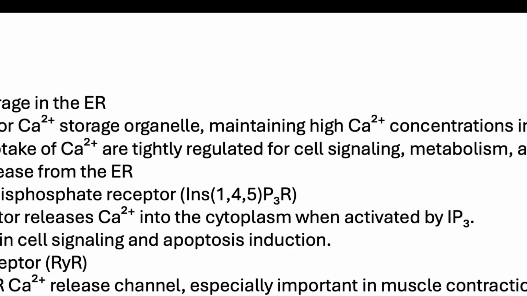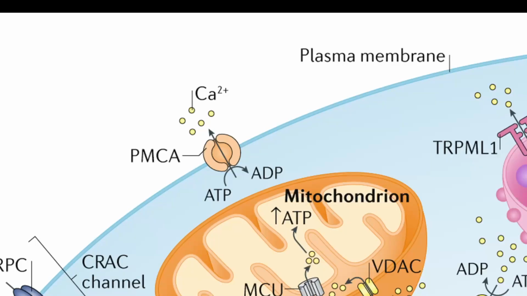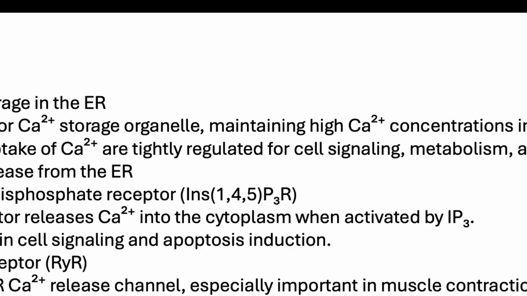So they use energy and pump the cytoplasmic calcium back into the ER, maintains calcium homeostasis and prepares the ER for future signaling. So this is the SERCA, this is the inositol IP3 receptor, this is the RYR receptor present in the muscles and neurons, IP3 receptor for signaling related calcium release, and the SERCA which is utilizing ATP and pumping the calcium back into the ER.